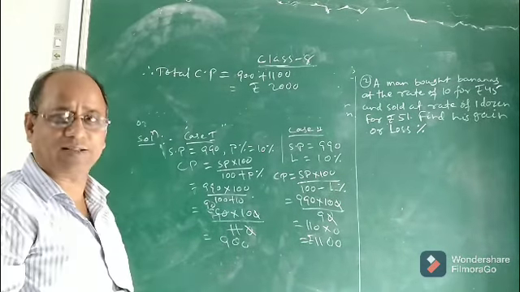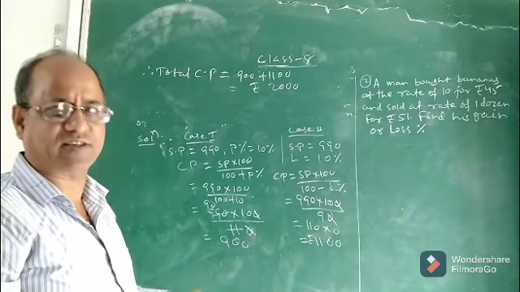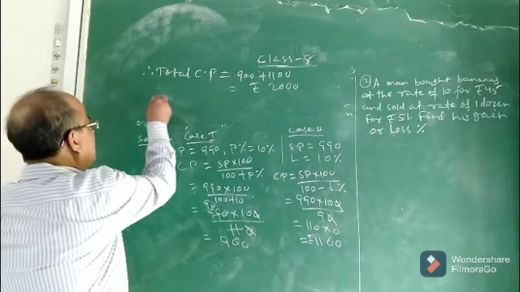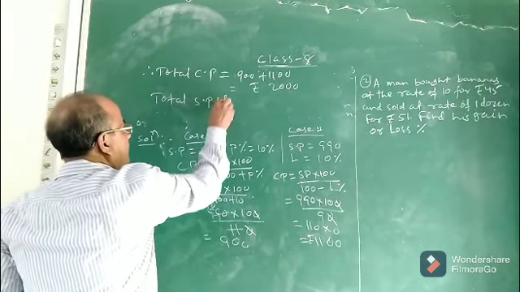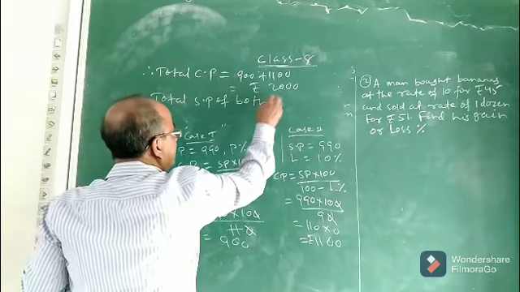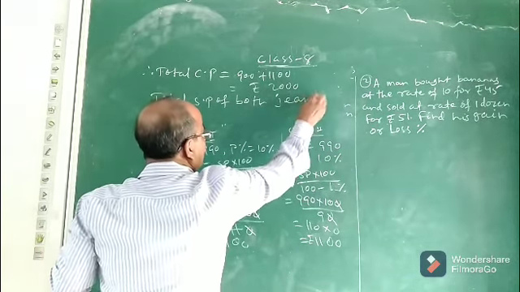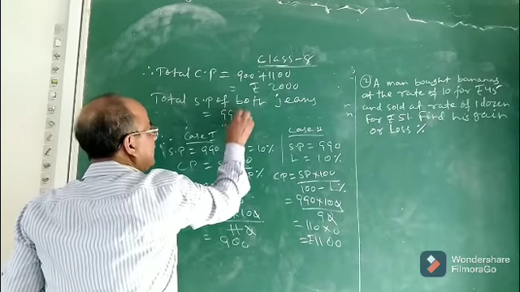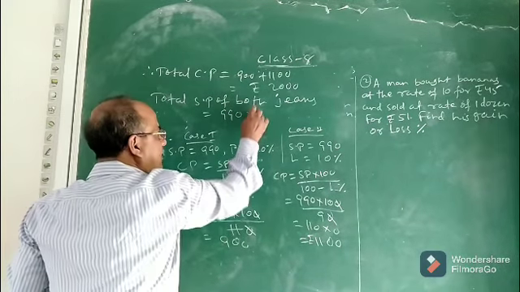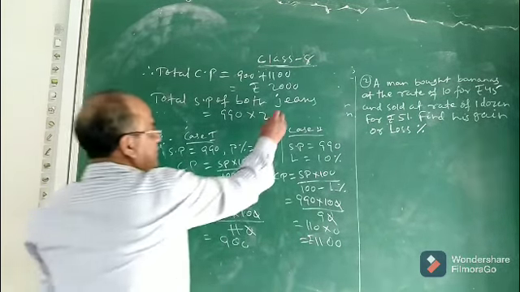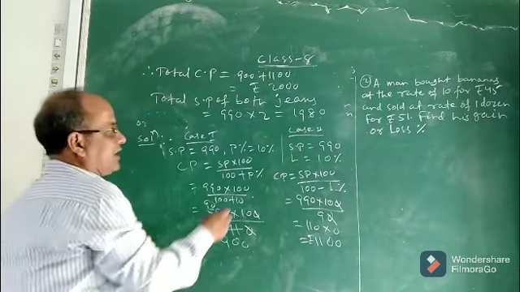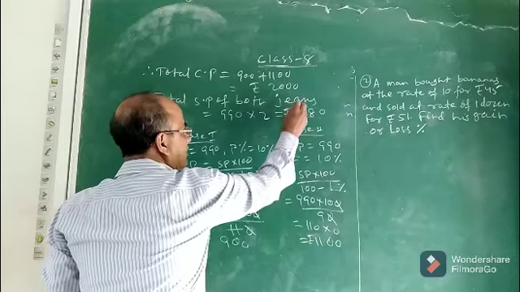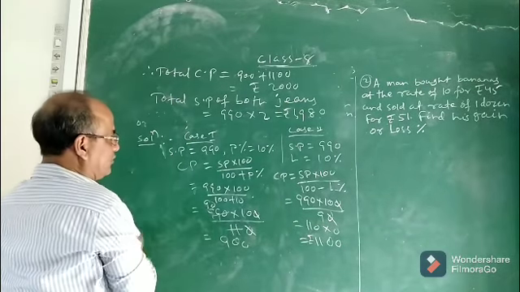Now we know the selling price of each jeans is 990. So find out the total SP of both jeans. It will be 990 plus 990, or you can multiply by 2. So 2 times 0 is 0, 2 times 9 is 18, 1980. It is 1980 rupees.